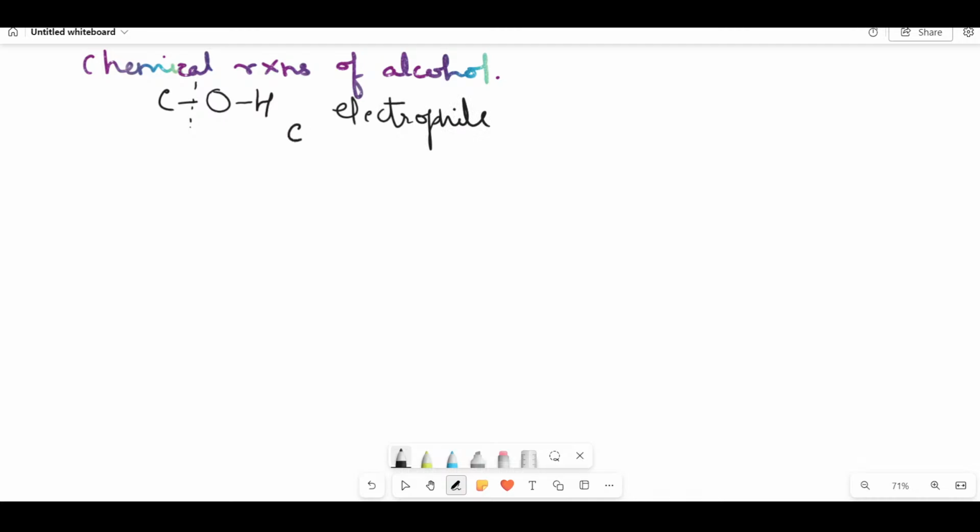That is, it will have a C plus charge. There are four types. The first one is using Lucas reagent.